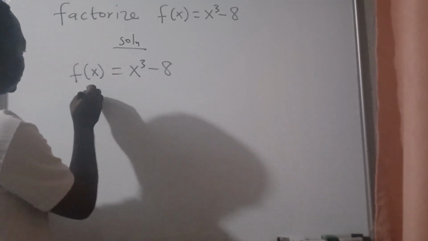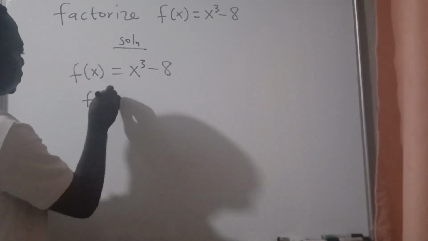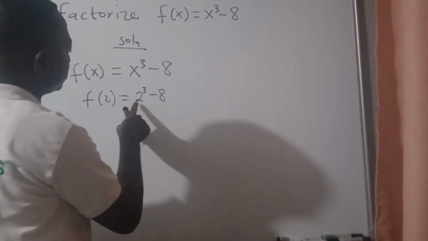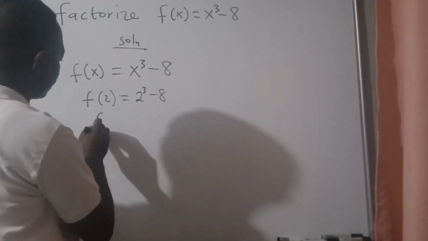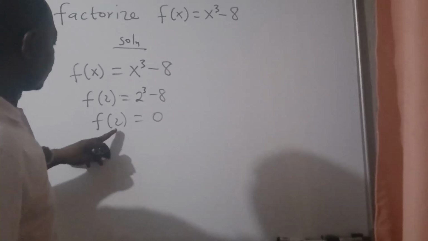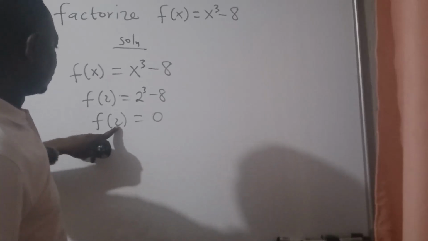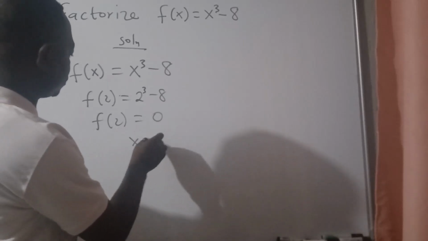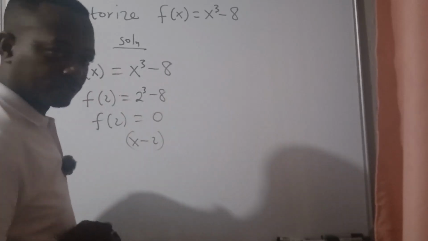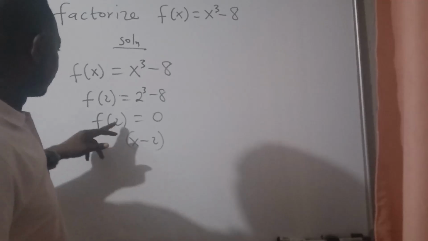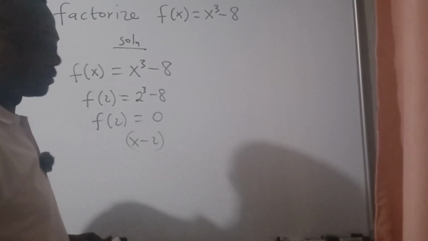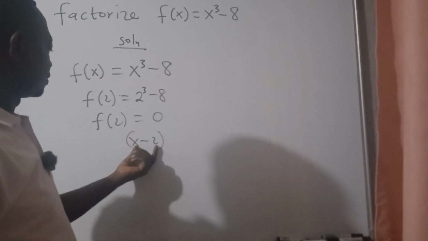It means if this side is 2, then we have 2 to the power of 3 minus 8. That would be 8 minus 8. So we have f of 2 is equal to 0. Therefore, because this side is 2, x minus 2 is a factor of this polynomial. If this side were minus 2, this side would have been plus, because when this one equals 0, I'll get this 2.